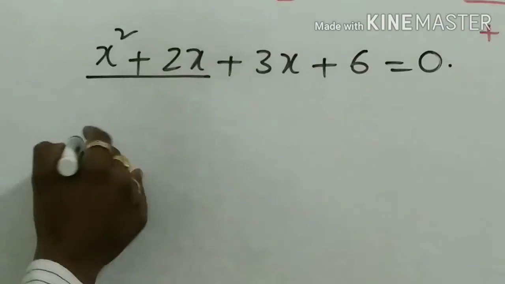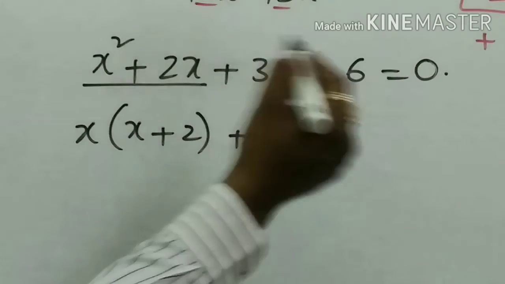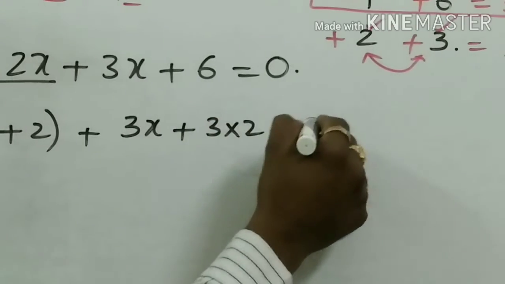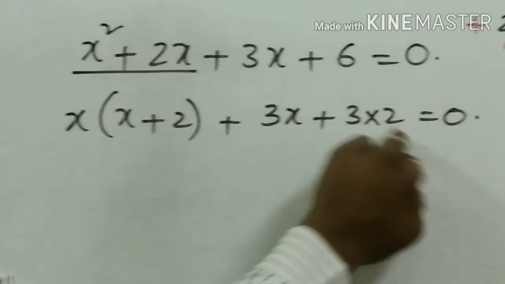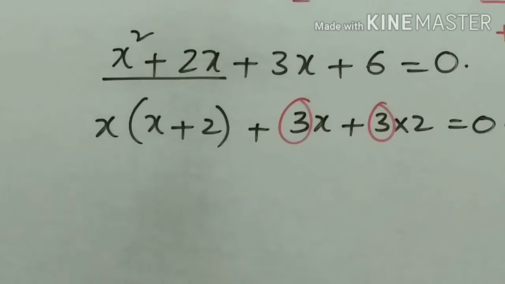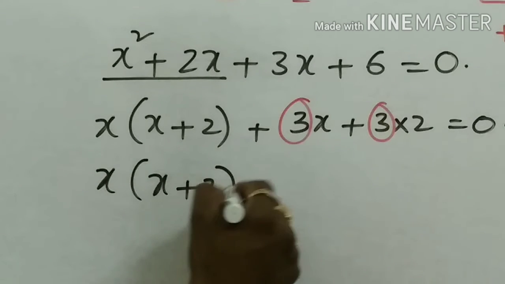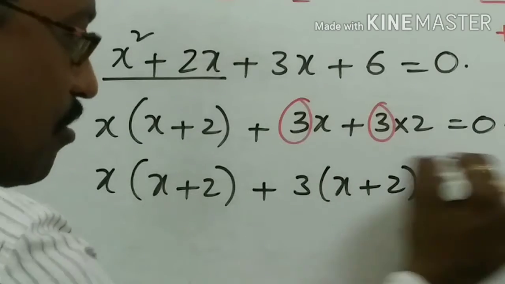Now the first two terms, x common, x plus 2. Next two terms, see here 3x plus 3 twos are 6. It gives the information here only, 3 twos are 6. Now what is common here? 3 common. We can take 3 common. So x into x plus 2 plus 3 common, x plus 2 is equal to 0.